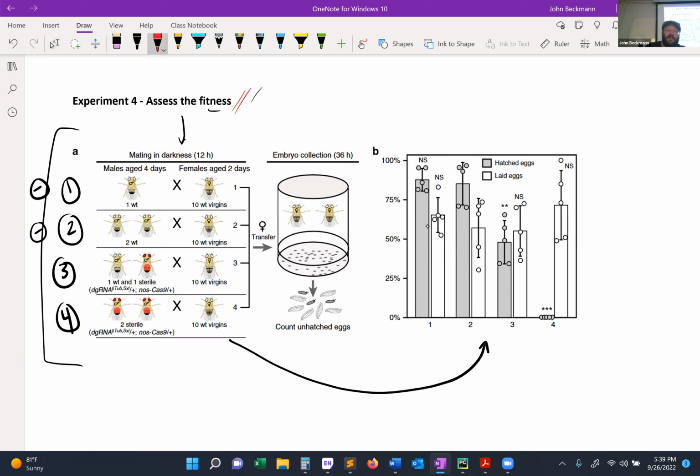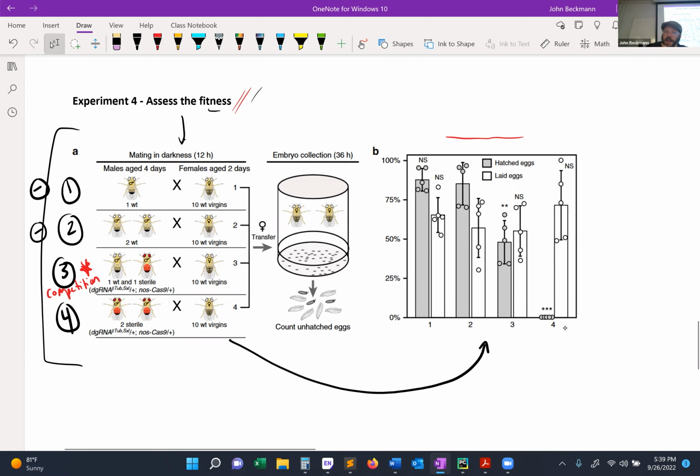Cross 3 is where the action starts happening. This one's really important because this is actually a competition between the transgenic male that's sterile and the wild-type male that's fertile. And this one is the double sterile. Red means sterile.